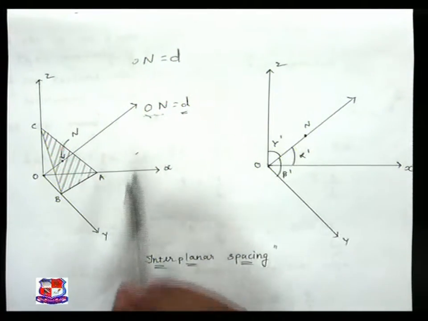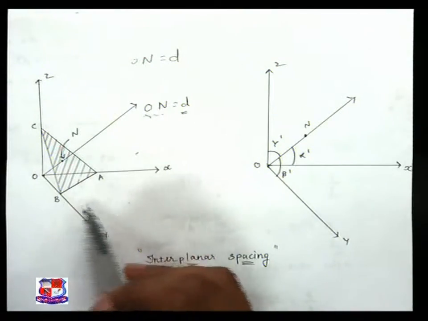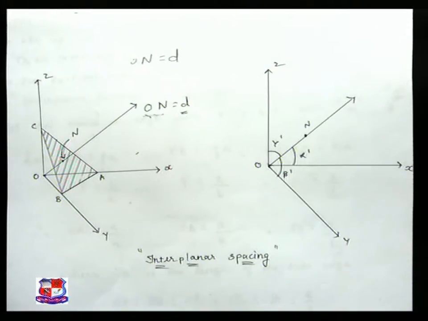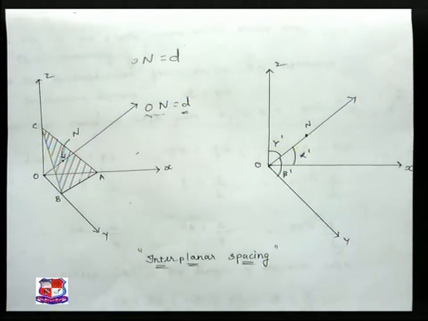So this is the plane imagined in these axes. This was the diagram related to planes. So these are the questions we discussed today up to the interplanar distances. We conclude here.